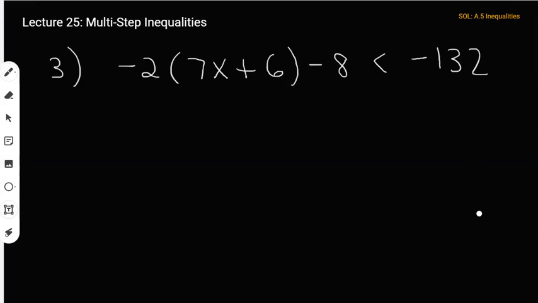Now, these are the most complicated ones you'll see because there's so many steps you got to do to get to the answer. But I usually just go in order based on working on the outside and working my way inside. So the first thing that I'm going to do is I'm going to get rid of this -8. How can I do that? You could add 8 to both sides, right?